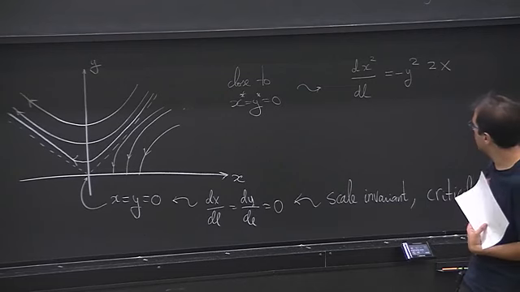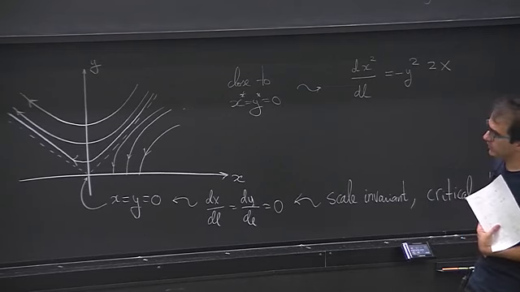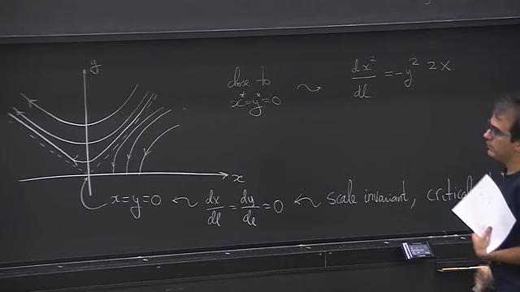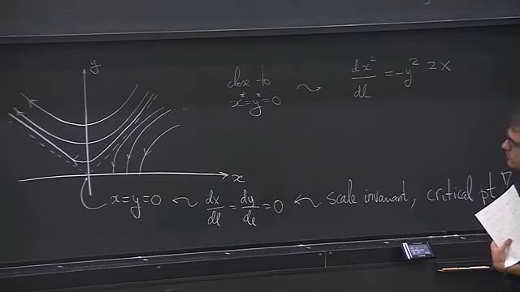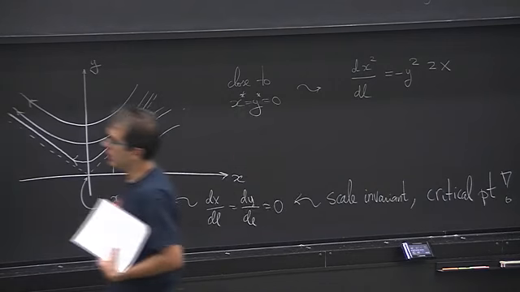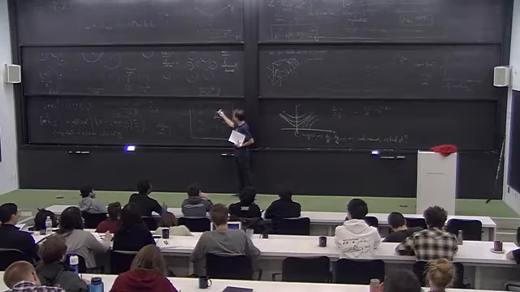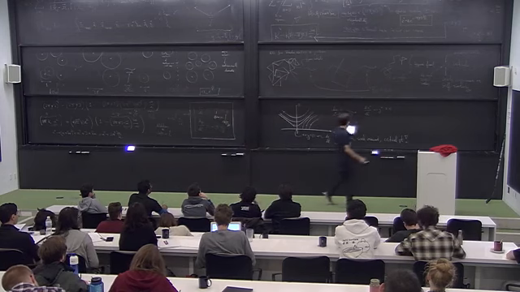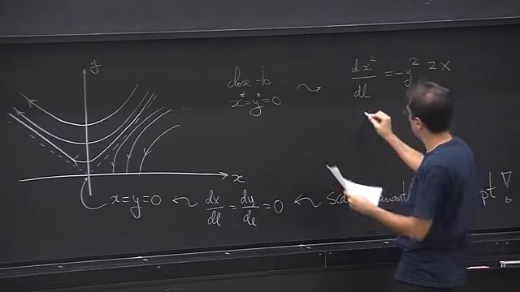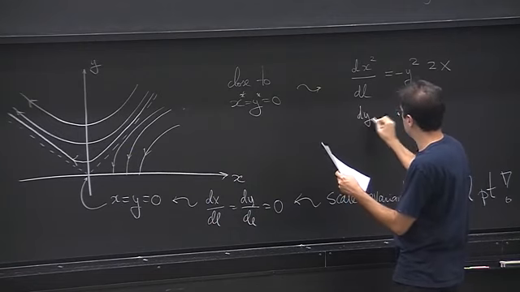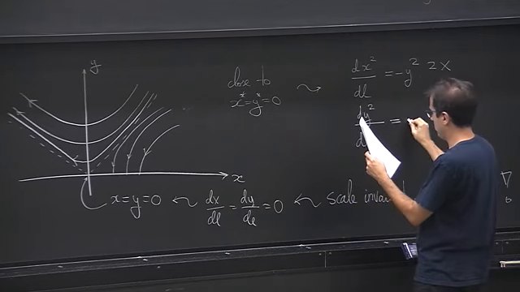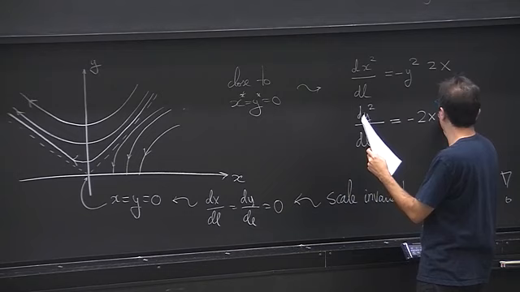So I say that x is close to 0. I multiply the equation by 2x, and since I'm close to the critical point, this is just 4. And then this equation I can write like this. And the second equation I can write as d(y squared)/dl equal to minus 2xy squared.